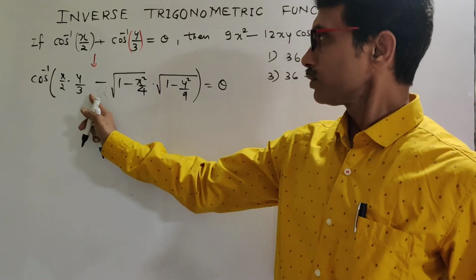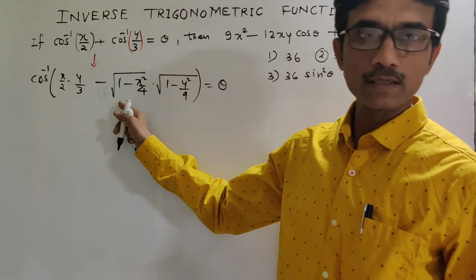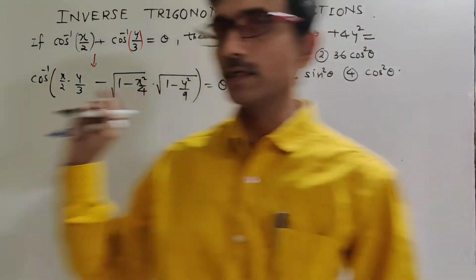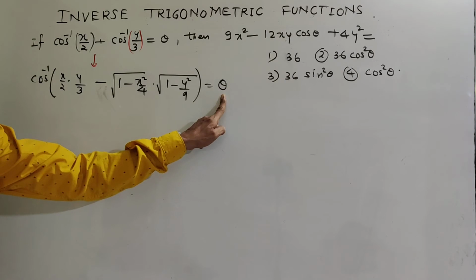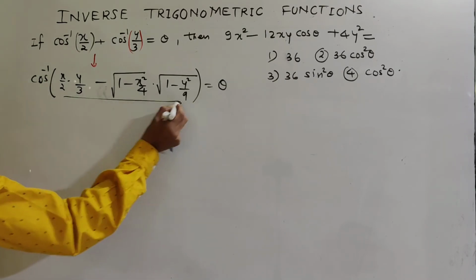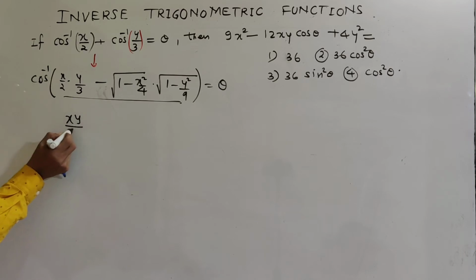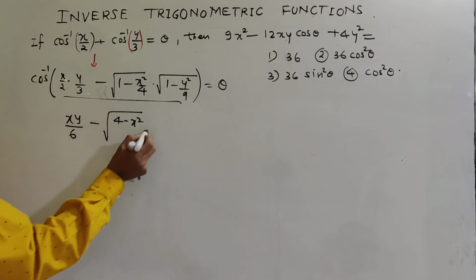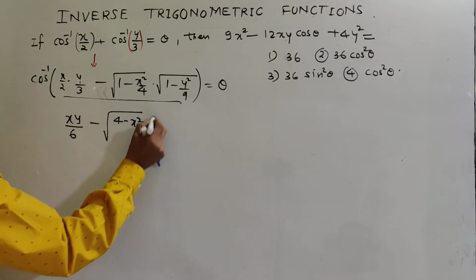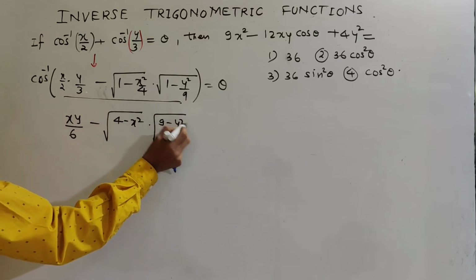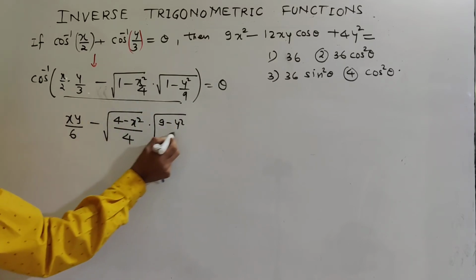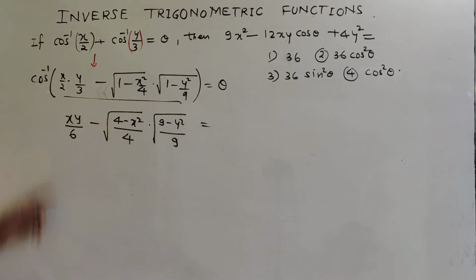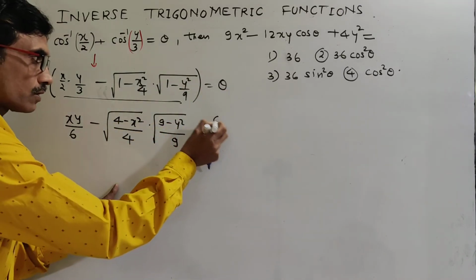The right hand side is given theta, so we can write it as cos theta. So this term will be equal to xy upon 6 minus root of 4 minus x square into root of 9 minus y square upon 4 and 9, and that is equal to cos theta.